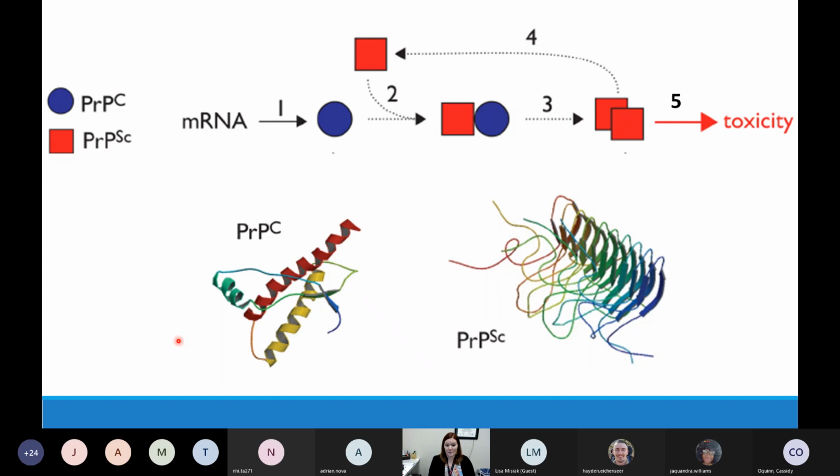Yeah, so Alyssa asked a clarifying question about our pictures here. The one with the alpha helices primarily, this is my normal protein. My denatured protein is the one over here that has the beta sheets. In general, Cassidy's totally right. We have alpha helices and beta sheets in our proteins all over the place.